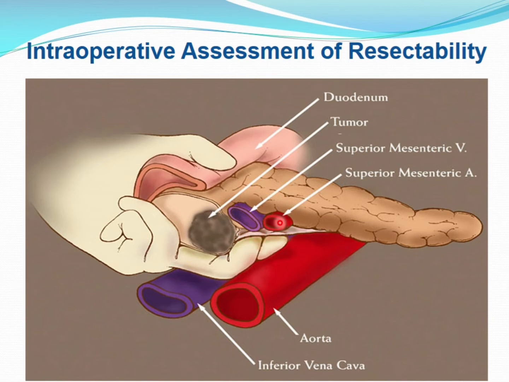This is the superior mesenteric artery, and this is the superior mesenteric vein, and this is the tumor in the head of the pancreas. These are the fingers of the surgeon behind the vessels and behind the neck and head of the pancreas for assessment of intraoperative resectability. This step is very, very important before embarking on resection of any part during surgery for pancreatic cancer in the head of the pancreas, and before doing a Whipple procedure.